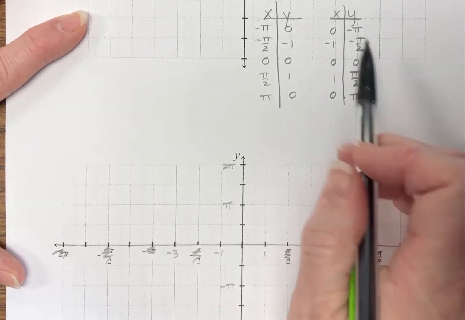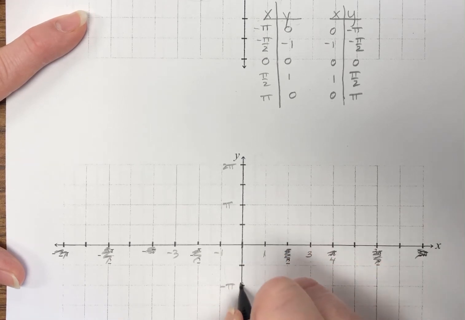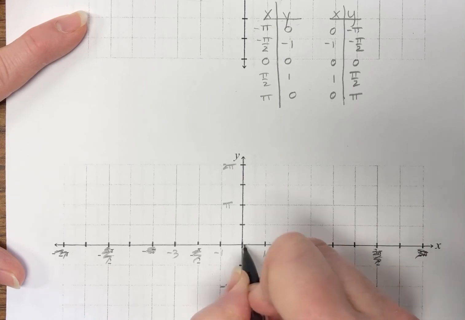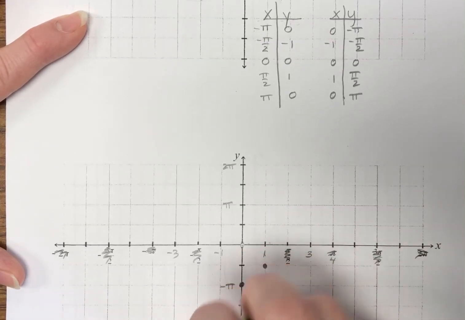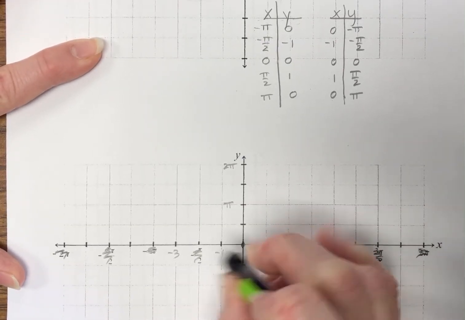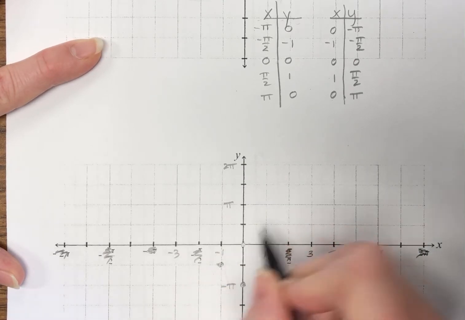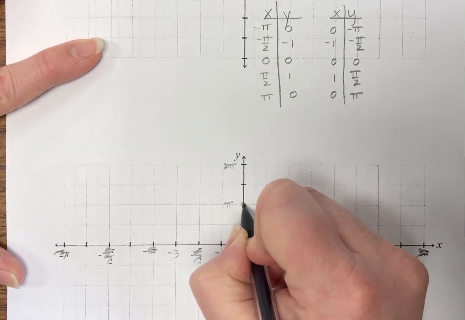So when I go to plot these points, 0, -pi, 1, -pi halves, 0, 0. Oh, this was a -1, -pi halves. My bad. 0, 0. 1, pi halves and 0, pi.